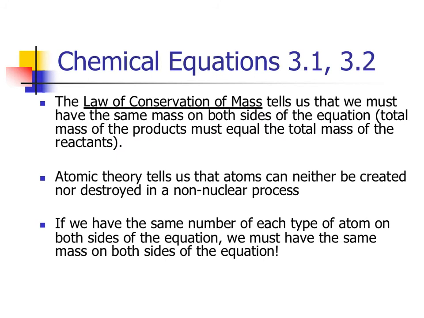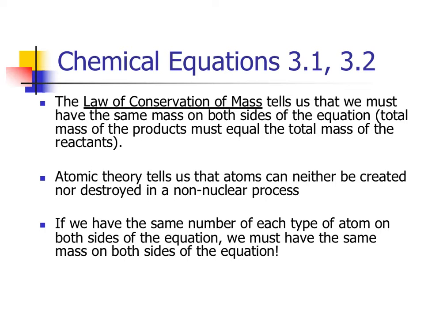First off, some things that are technically in some ways review, and that is the law of conservation of mass, given to us by Antoine Lavoisier. It tells us that the mass at the beginning of a chemical reaction and the mass at the end of a chemical reaction must be the same.